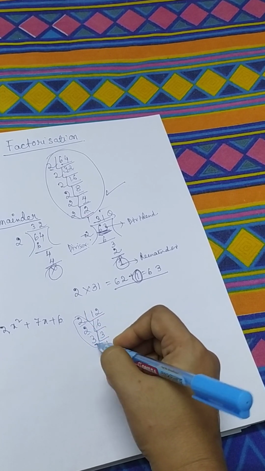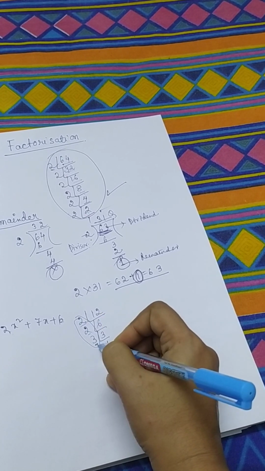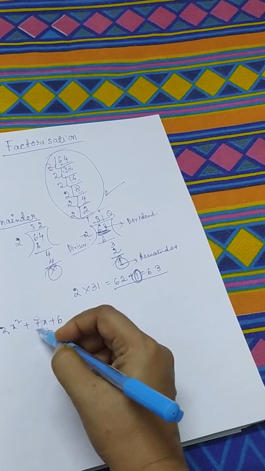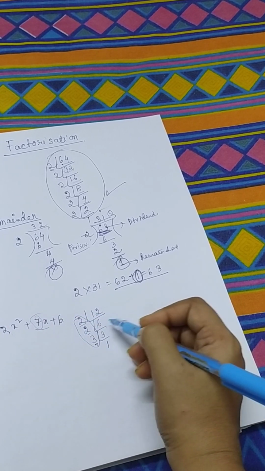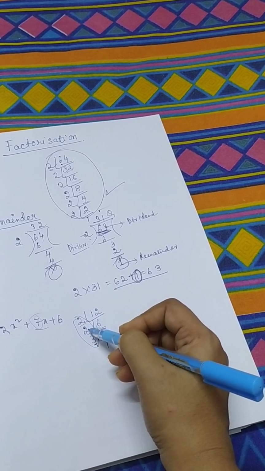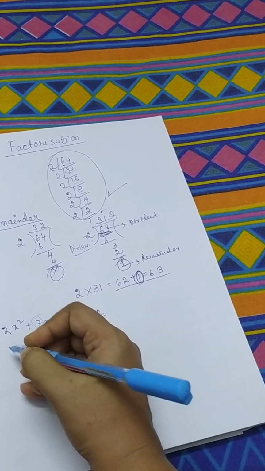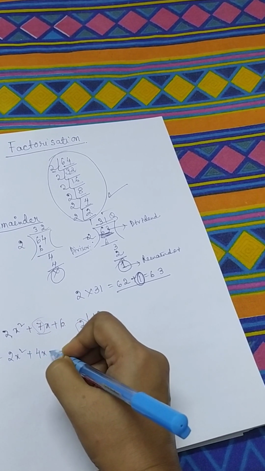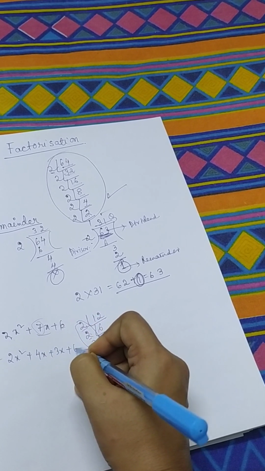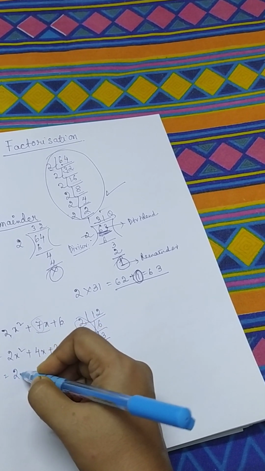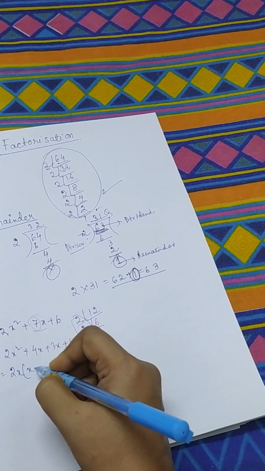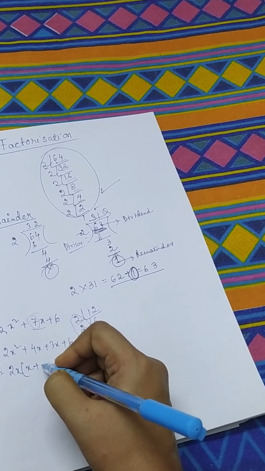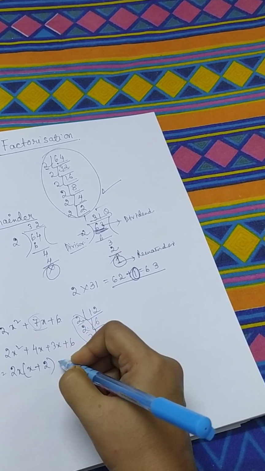By these numbers, by permutation and combination, we have to make 7. So what will that be? 2 into 2, 4. 4 plus 3, 7. So like that, 2x square plus 4x plus 3x plus 6. That means if I take 2x common, then x plus 2 will be within the bracket.